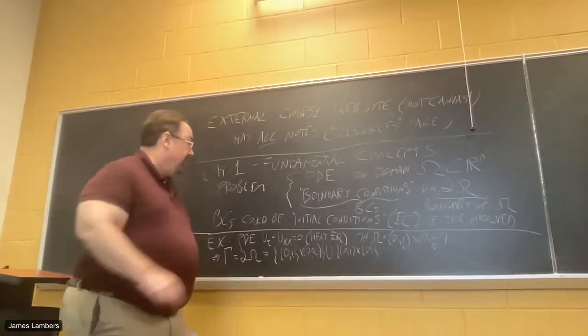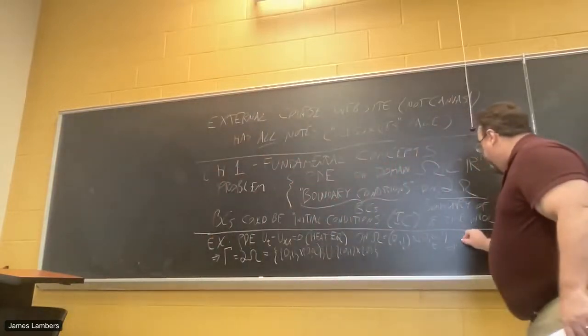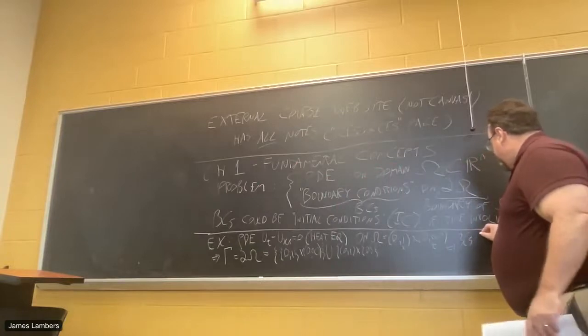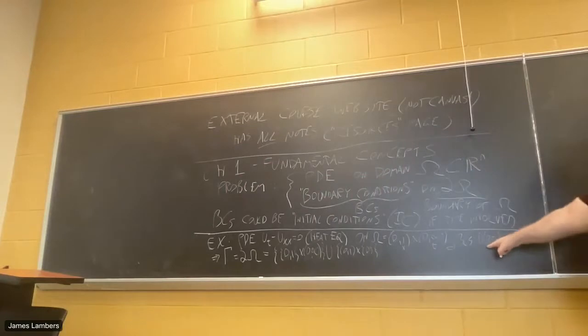So that means our boundary conditions will be imposed on the solution u at x equals 0 and for all t, and x equals 1 and all t. So that covers the first set in our union.